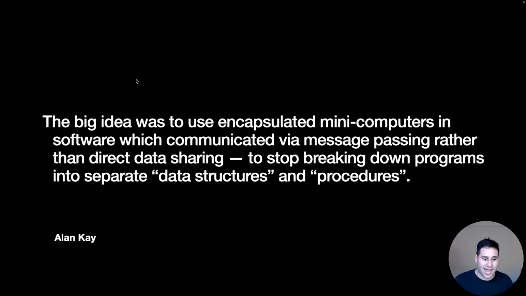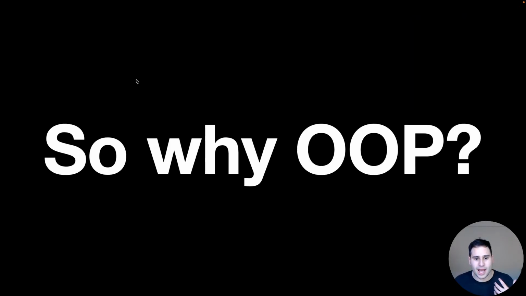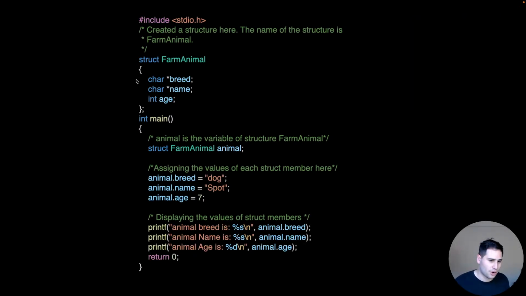So this is Alan Kay talking about what he actually had in mind, right? The big idea was to use encapsulated mini computers in software, which communicated via messages rather than direct data sharing, to stop breaking down programs into separate data structures and procedures. So if we look back at this C code here, Alan was making the point that it doesn't scale to have a single program with a struct with a farm animal.